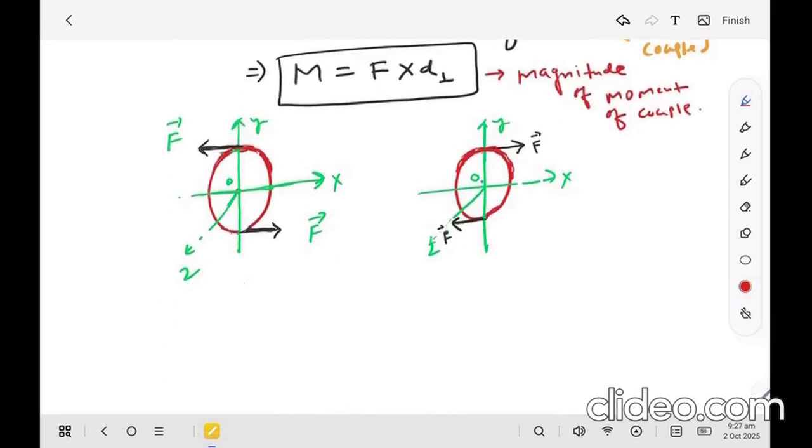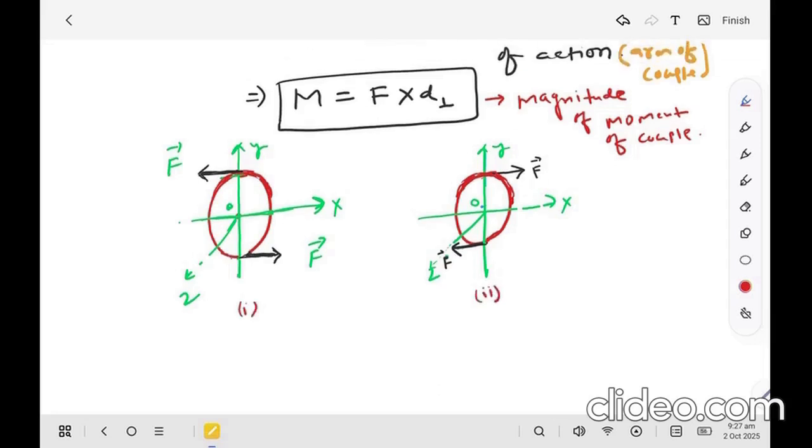In the first case we consider the body here. Both forces F, this force and this force, are non-collinear and acting on the body in the same plane.